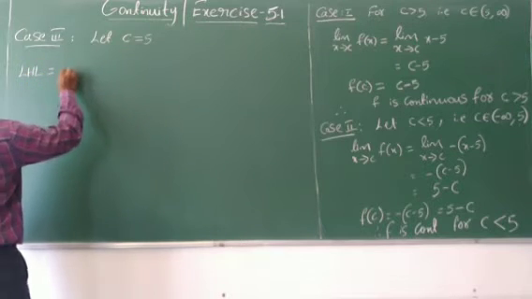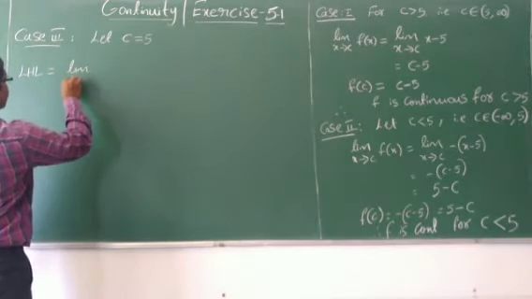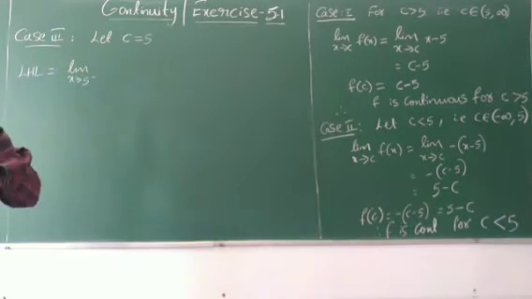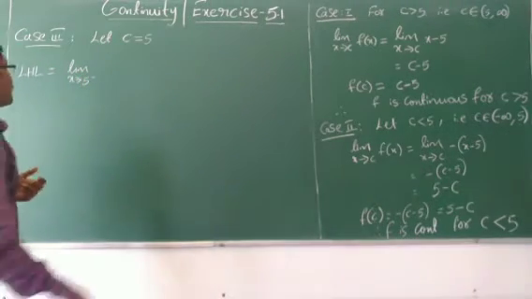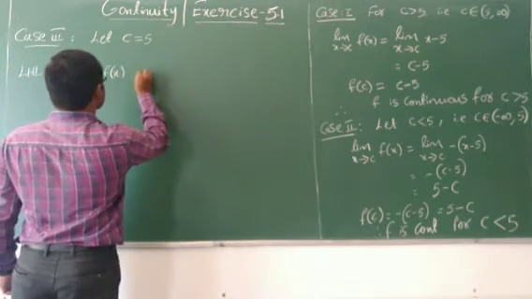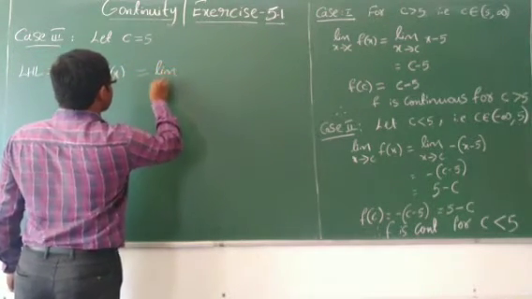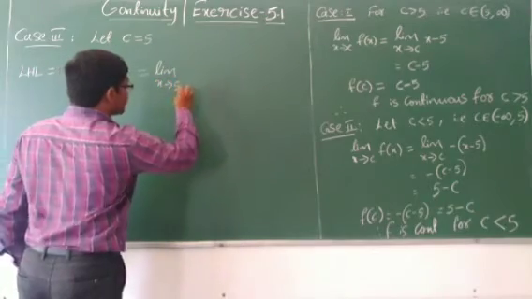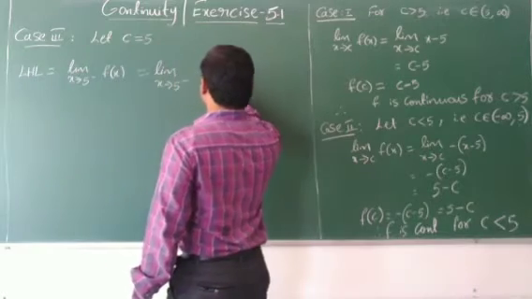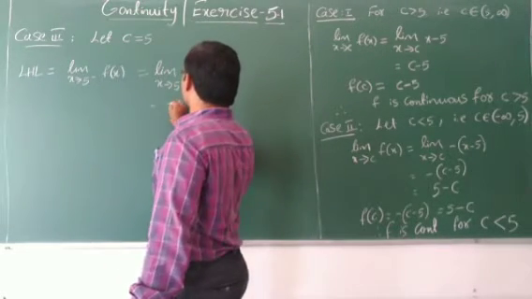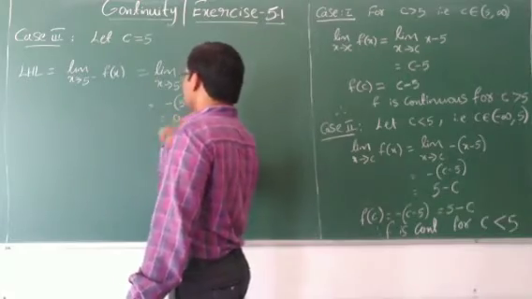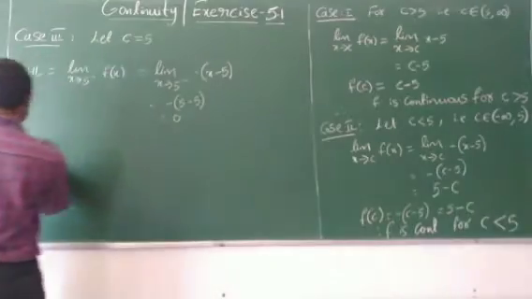Left hand limit is limit x tends to 5 minus, and 5 minus is less than 5. For less than 5, the function is minus of x minus 5, which is equal to minus of 5 minus 5, which is equal to 0.